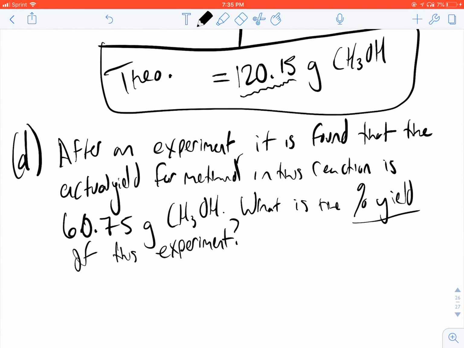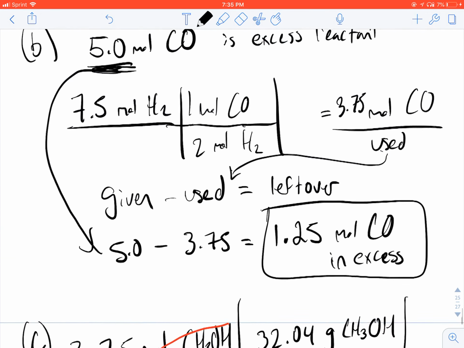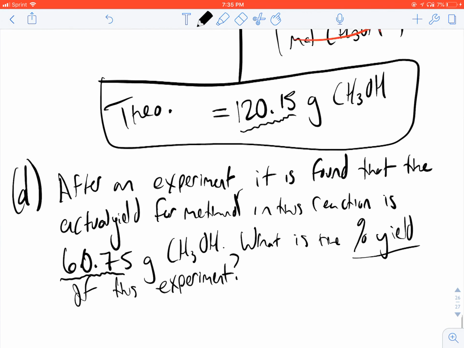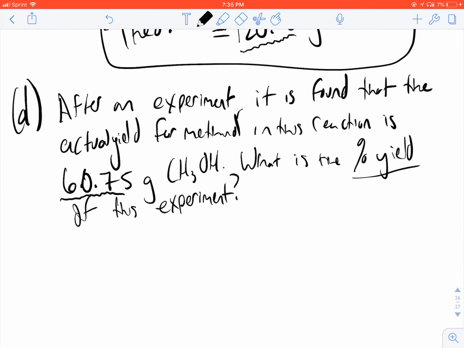And in the experiment, you followed all the procedures, and for some reason, you got 60.75 grams instead. And that could be due to many things, maybe some side reactions, maybe some spillage. A lot of human error is possible. So we're just trying to figure out if we did this experiment over and over again, and kept getting similar numbers, is it really that efficient? Well, let's look at the percent yield and determine that.